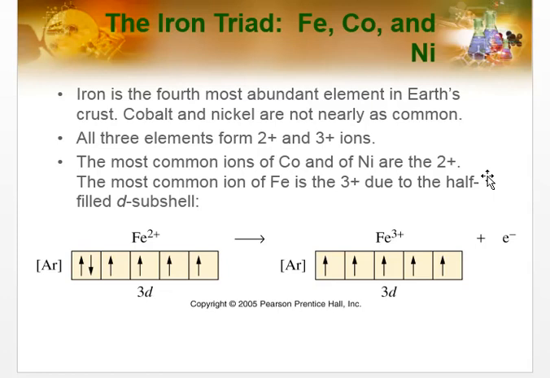All three elements form 2+ and 3+ ions. The most common ions of cobalt and nickel are the 2+. But for iron, the most common ion is the 3+, due to the half-filled d subshell.